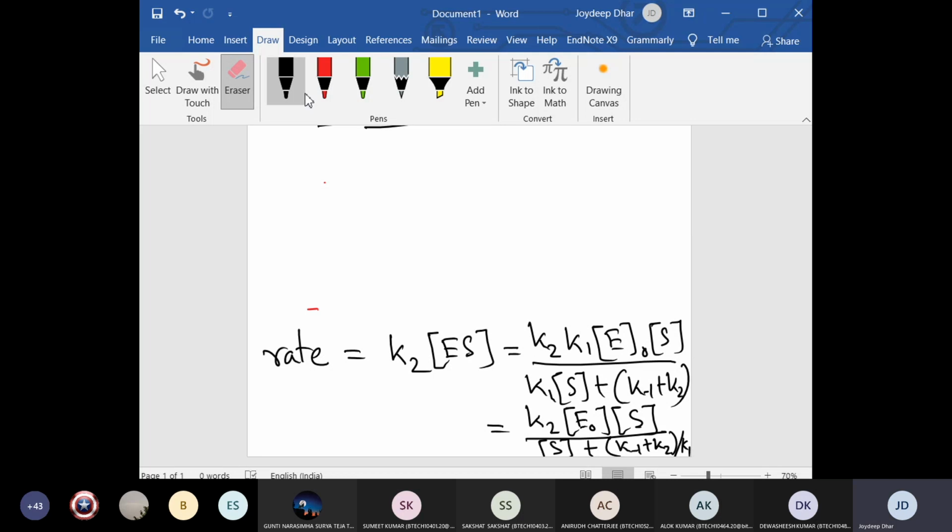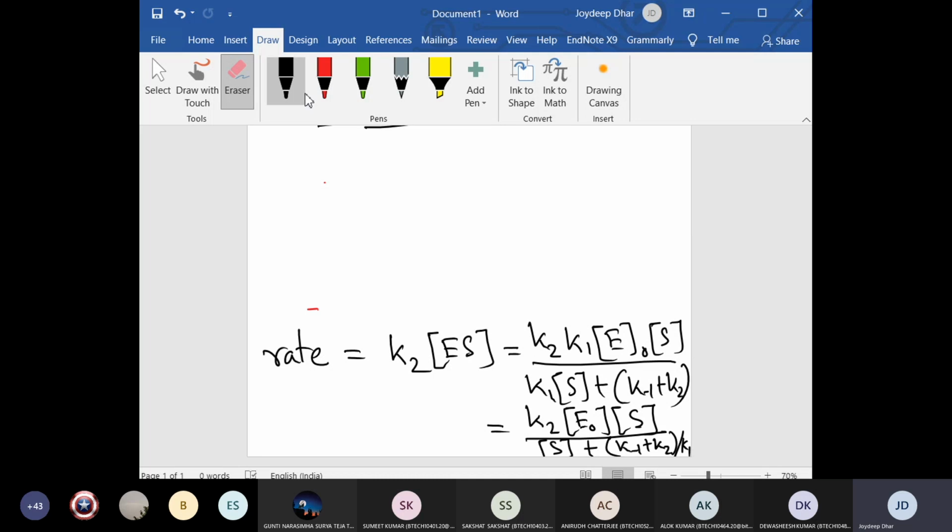So in the rate equation I will have K into S divided by S plus Km.